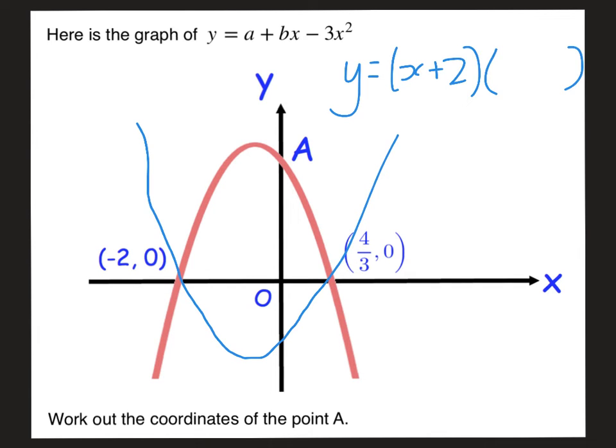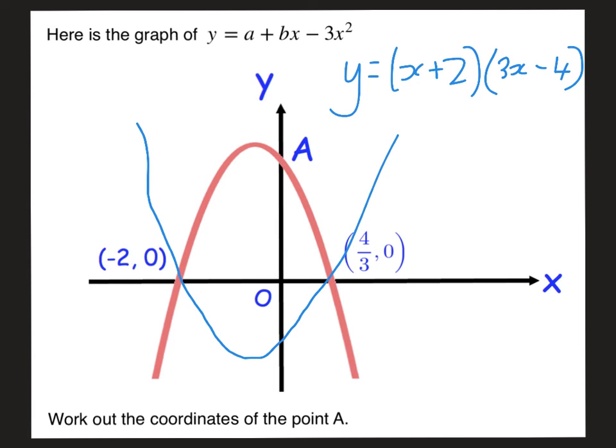Notice I use this. Now 4/3, that makes this a little bit trickier. So I would have 3x there minus 4. Now, if you've done some work on reading off solutions from the factorised form, you'll see how that works.